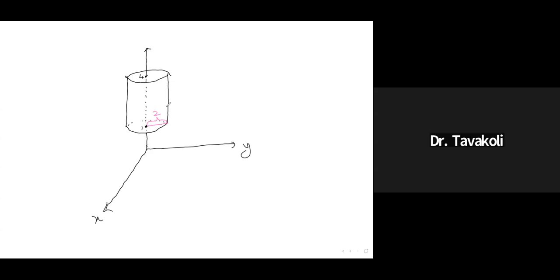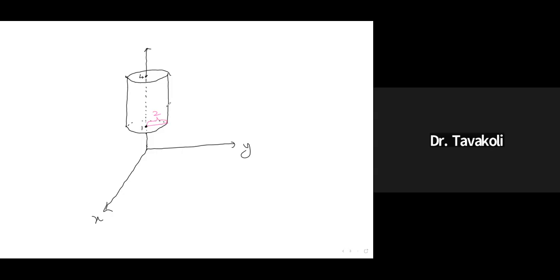If I want to describe all the points on and inside this cylinder, so it's a solid, it's a volume. It's not just a surface, it's the surface and inside this surface. So from the top and the bottom, it is bounded by the bases of the cylinder, and from the side, it is enclosed by the cylinder itself.